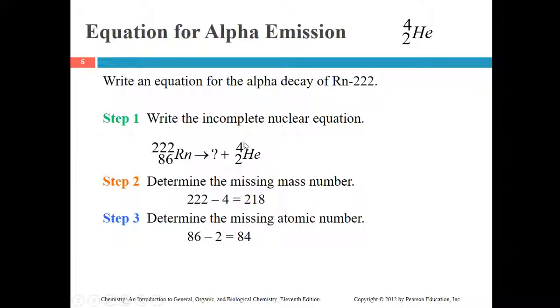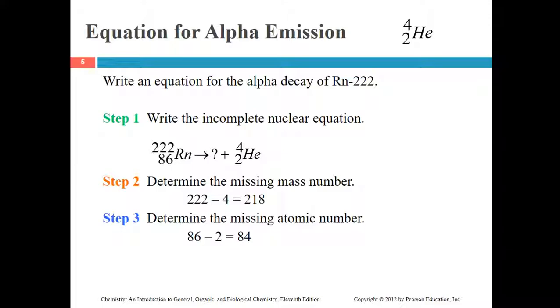So we write that as 4 and 2 for the proton number. So then what plus 2 is 86? Well, I'm hoping that you know that 84 plus 2 is 86. So then you look up the element to see what element is 84.